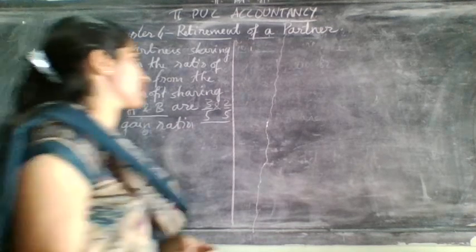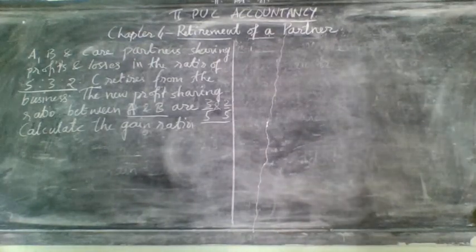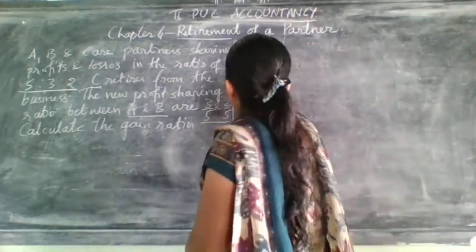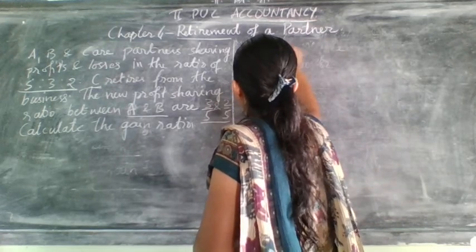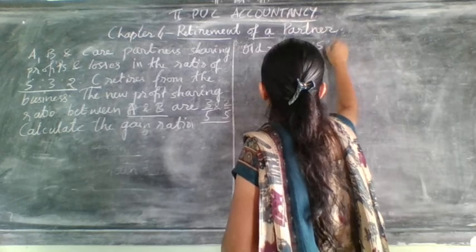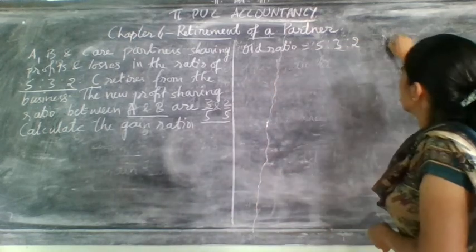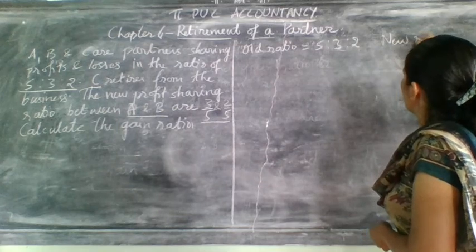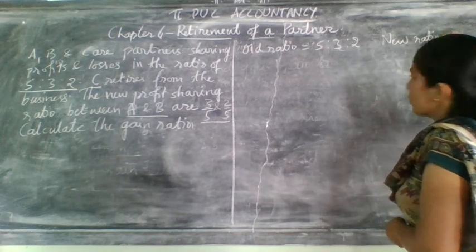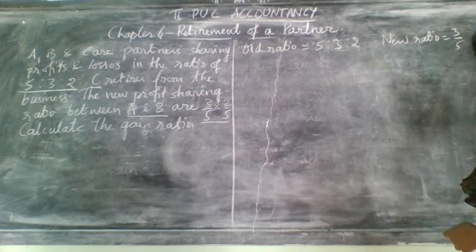So now let us start doing the problem. First, what they have given in the problem, that we will write first. First you write the old ratio. What is their old ratio? Old ratio was 5:3:2, and they have also given the new ratio or new share, that was 3/5 and 2/5.